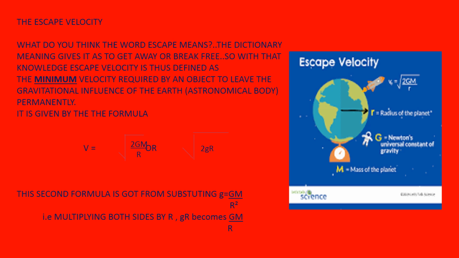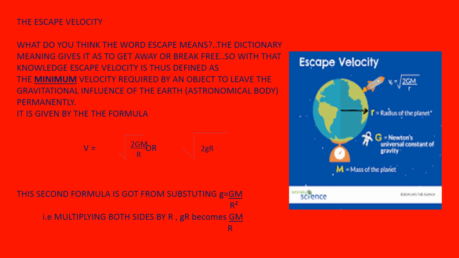Now we'll be talking about the escape velocity. What do you think the word escape means? The dictionary gives us the word escape to mean to break free, to get away.